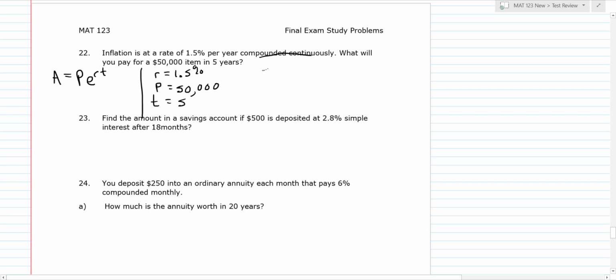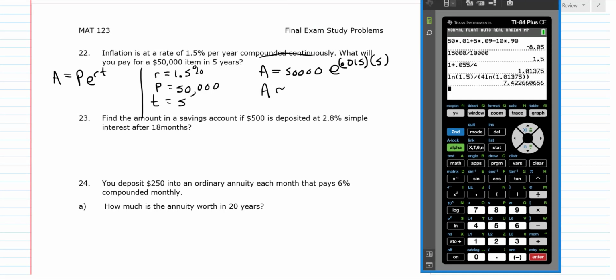Okay, so really all you got to do on this is just plug in the formula. So you would have 50,000 e to the r, 0.015, change the decimal, multiplied by 5, and just go straight to the calculator. Do that in one step. Easiest way to do this to me is go 50,000, second ln, and then put in 0.015 times the 5, and it'll give the answer, and then we'll just round that off.